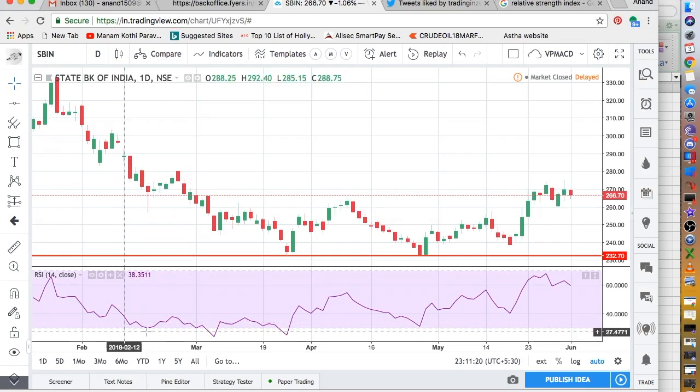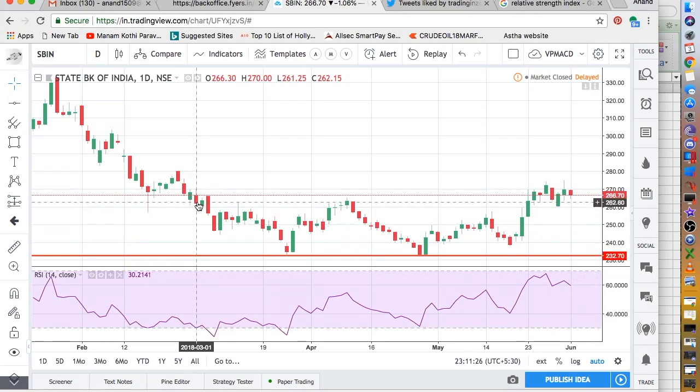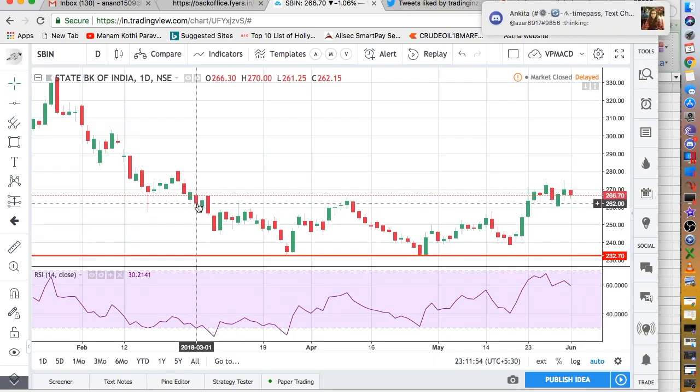So if someone really went on and bought it on this particular day thinking RSI is oversold, so I'm going to go and buy this because I expect this to move up, and I'll hold it. That's a completely incorrect strategy, because you can see on 1st of March RSI is at around 30, and the price action very clearly says that this was around 266. Maybe while closing, this was around 262.